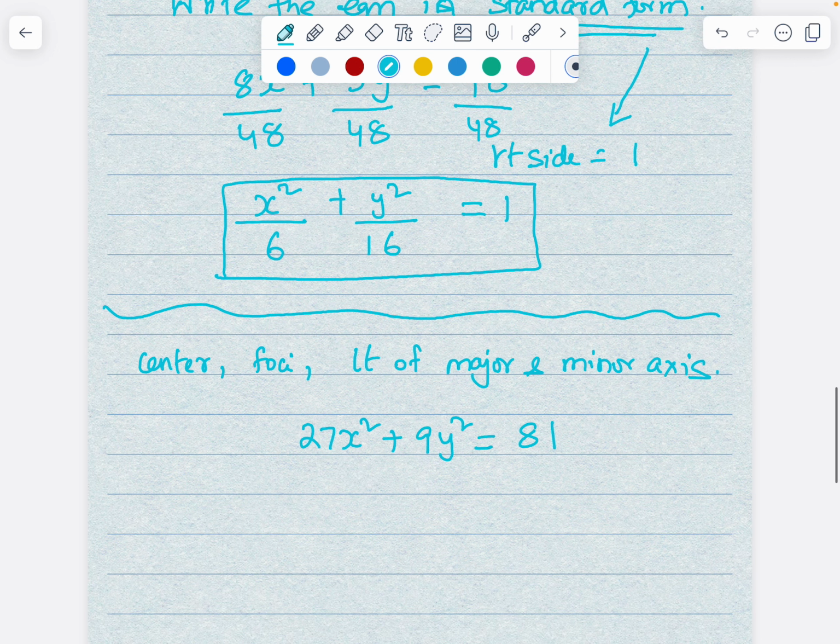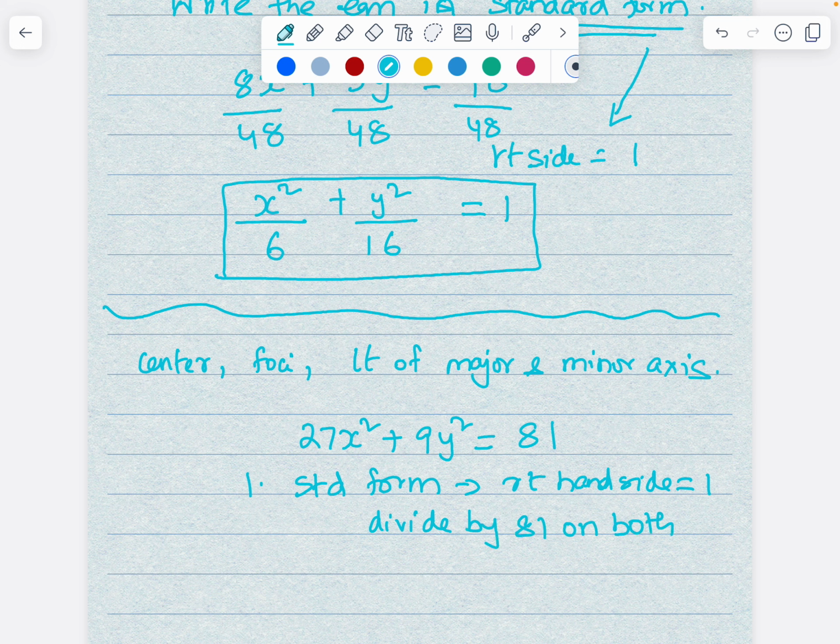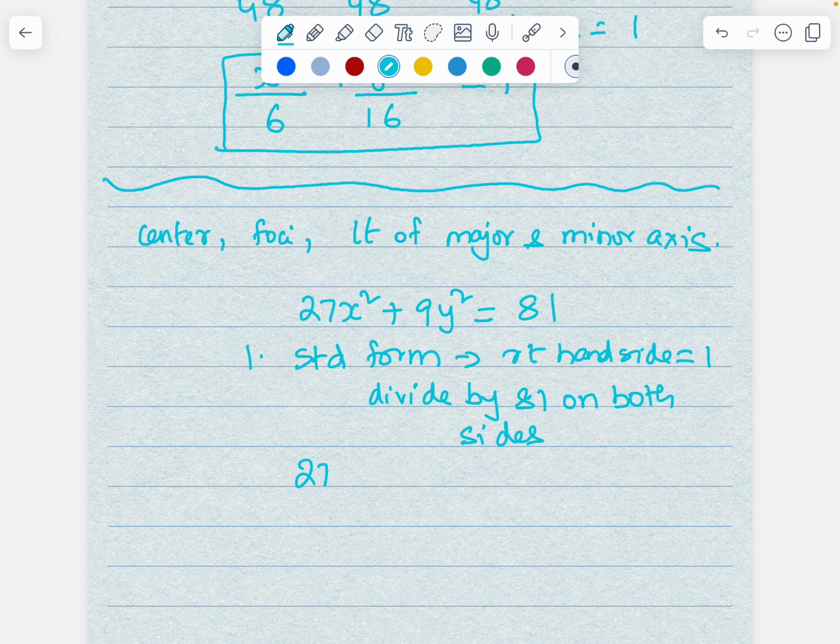Again, it's not in standard form. So first step, get it in standard form, which means what? The right hand side is equal to 1. And to achieve that, you divide by 81 on both sides.